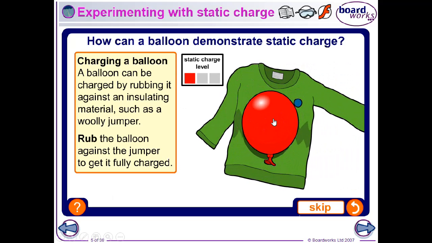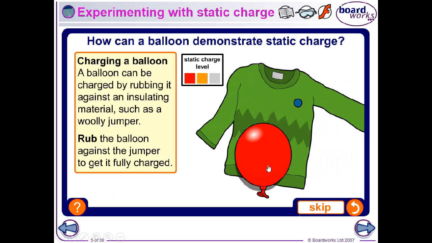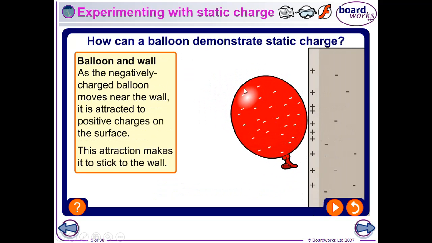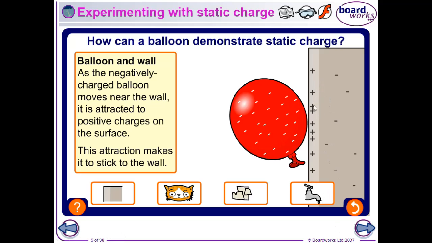So here we've got a balloon and we've got a jumper to charge it. Let's rub the balloon against the jumper until we've built up a negative charge on the balloon. Now inside the wall there's electrons and there's the nucleus of the atoms, which is positive.